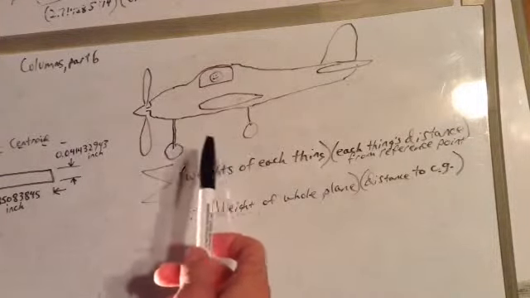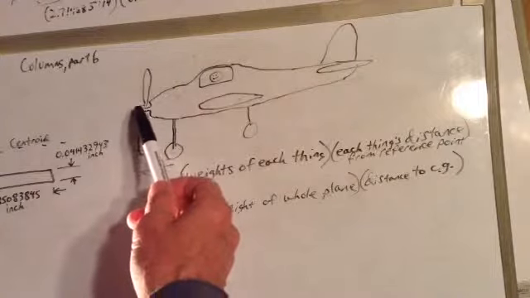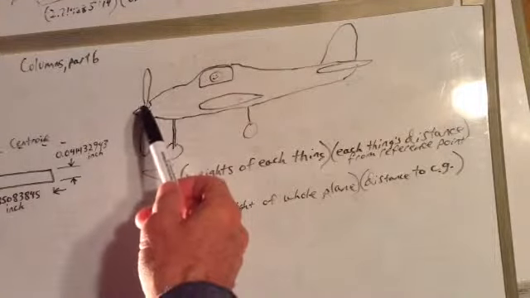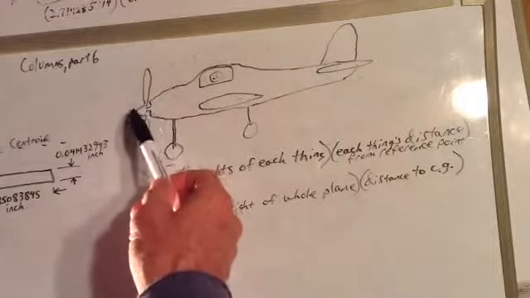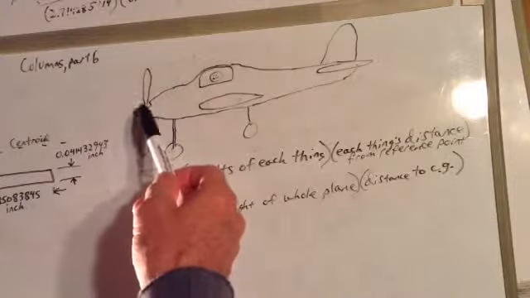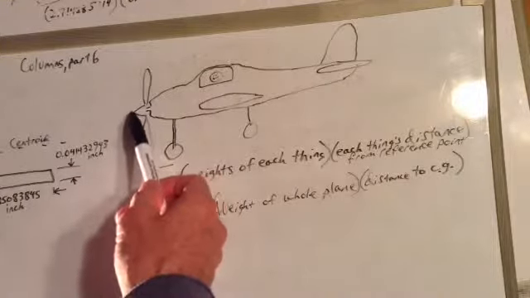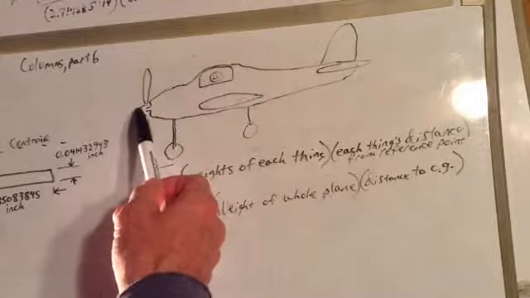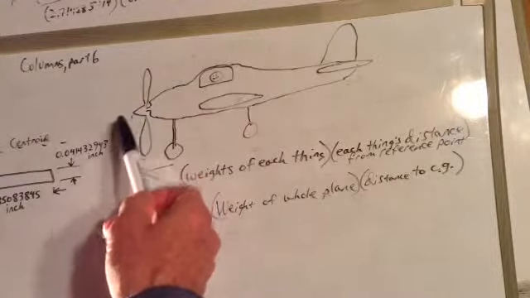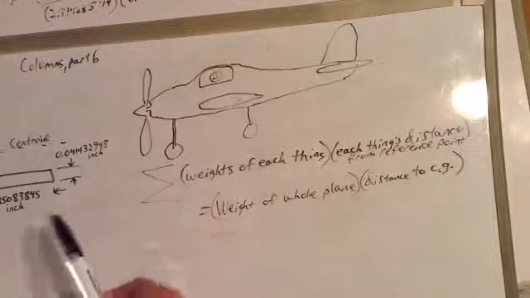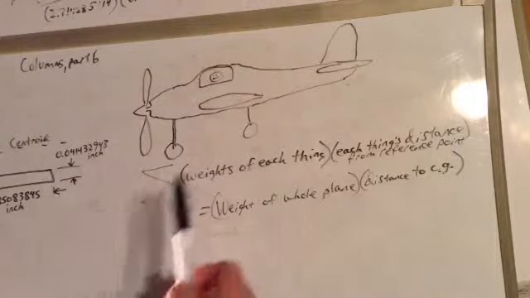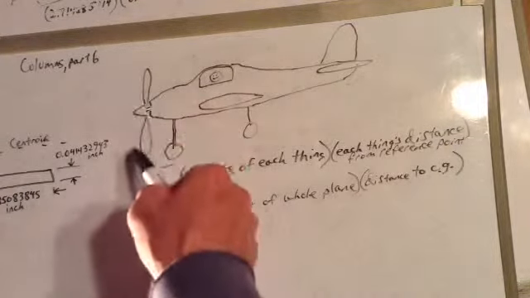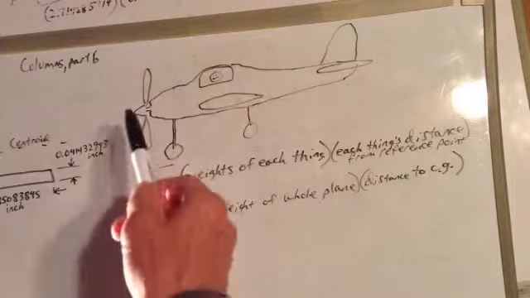It'll still work. But you just take the weight of every component on the airplane, like the nose cone. Let's say it weighs 2 pounds and it's 3 inches away from the tip. And the center of gravity of the nose cone would be 3 inches away from the reference point, the tip. You'd say that many pounds times 3 inches. You write it down. Weight of the propeller times its 7 inches or whatever.